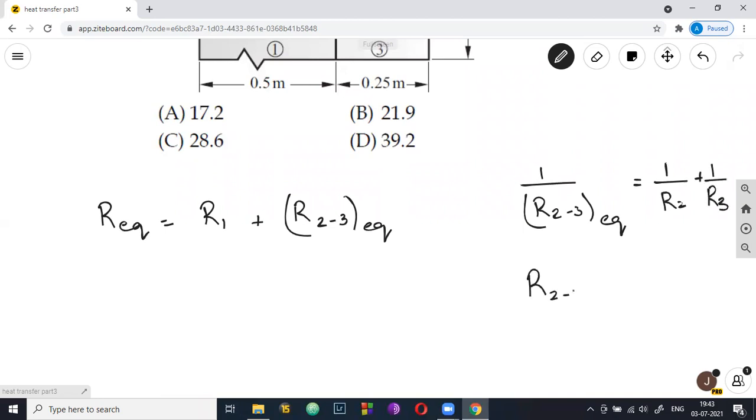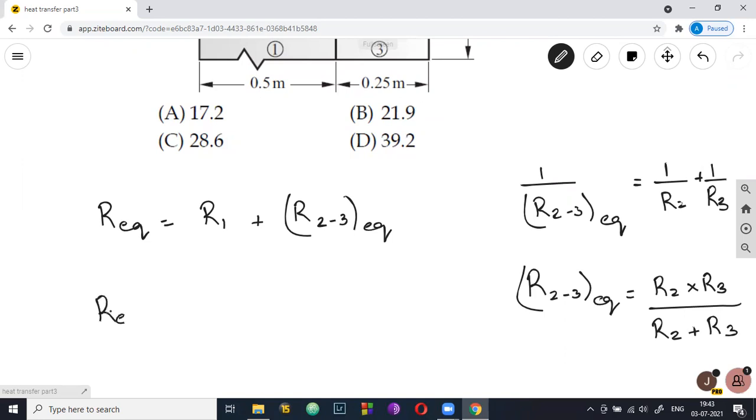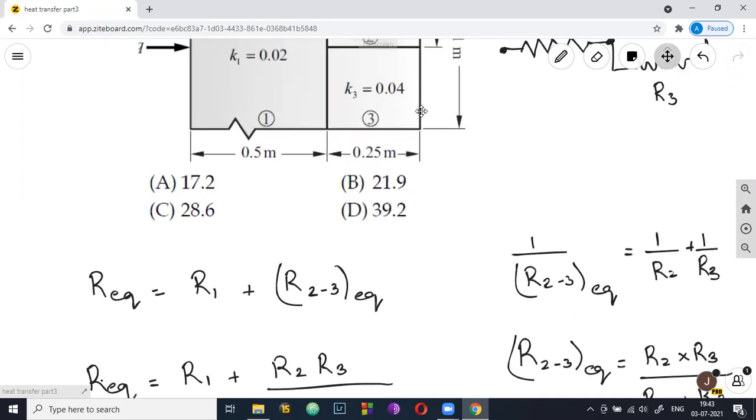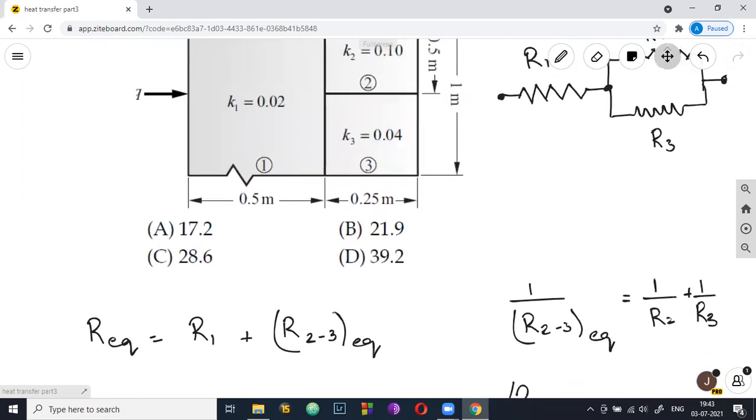Or R23 equivalent, when you simplify, becomes R2 multiplied by R3 divided by R2 plus R3. This is what you do for parallel resistance. Now, our final equivalent will be R1 plus R2R3 divided by R2 plus R3. Now, all you have to do is separately find R1, R2, and R3. Let's start.